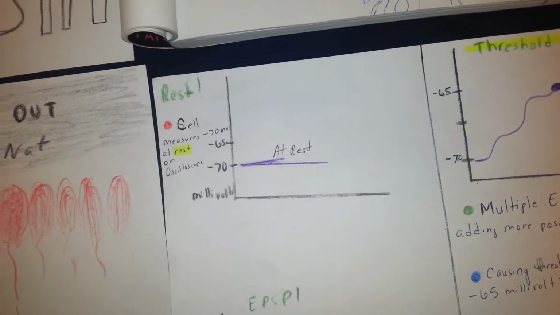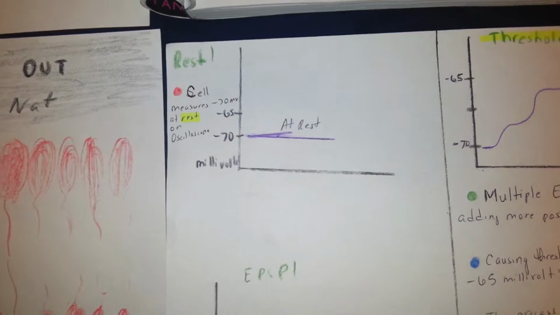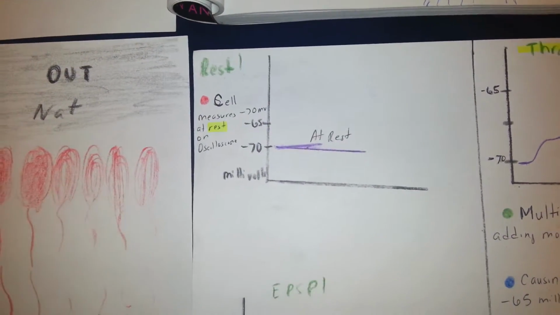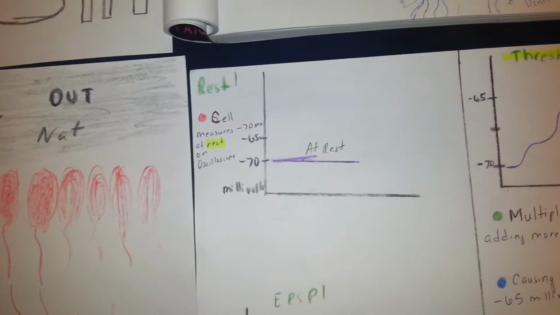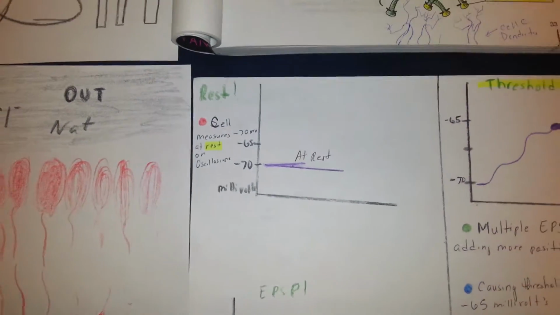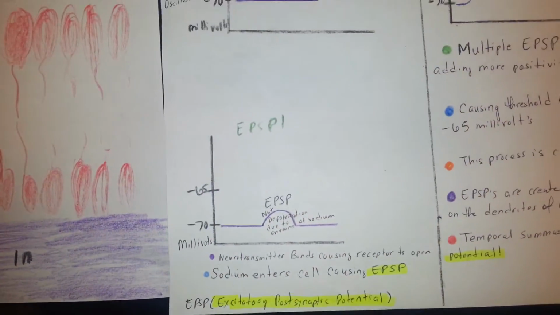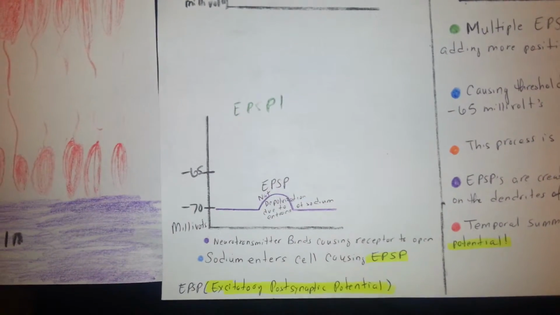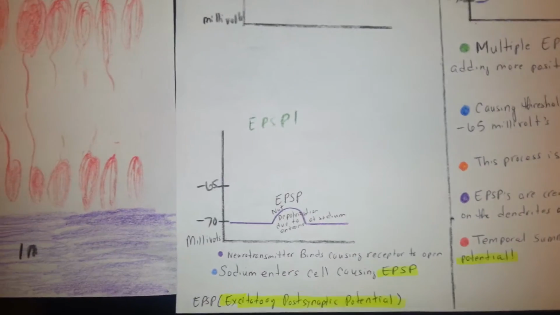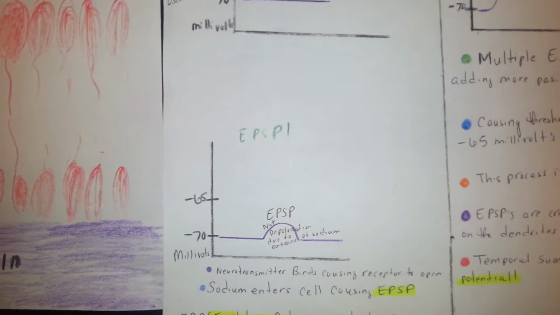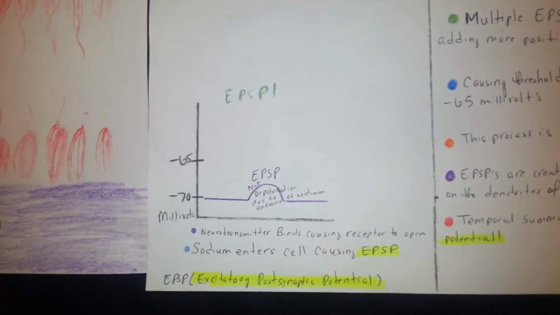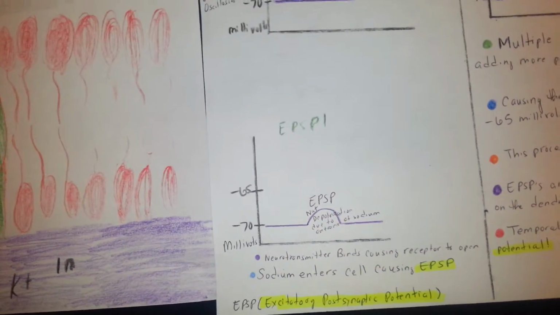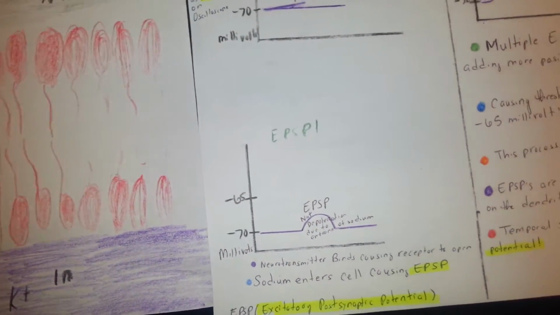Once the neurotransmitters make contact at the binding site, they open the receptors, and it allows for not only the passing of neurotransmitters, but also sodium actually enters the cell.